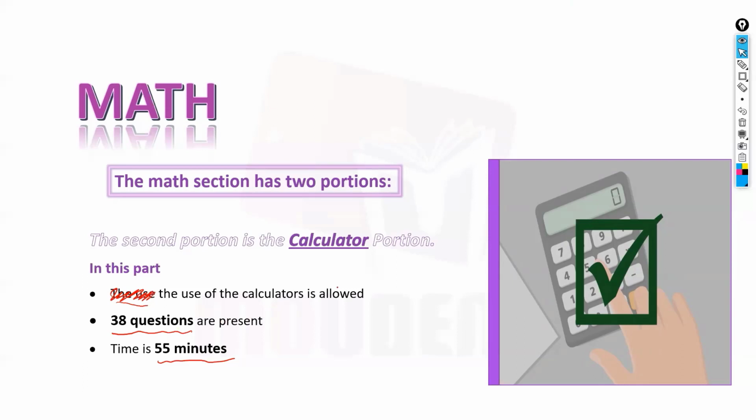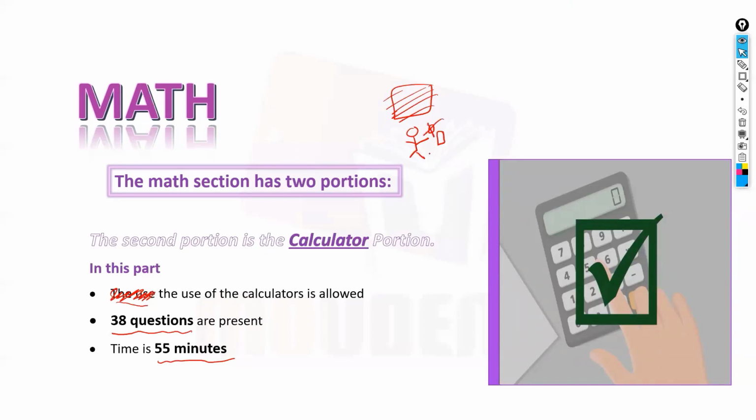Some students think, this is the paper, this is the student sitting, and this is the calculator, and he's always using the calculator for every question. The calculator is in his hand, and he's always using it.